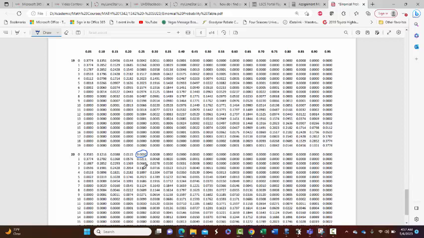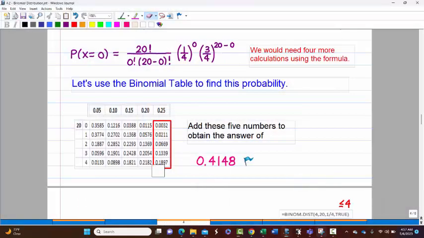So it's all the way from there to here, right off the table, and then you would just add those numbers up. I have it looking cleaner right here. You see, I got a box around all those 5 numbers. You would add those up, and you get 0.4148. So that's not bad.